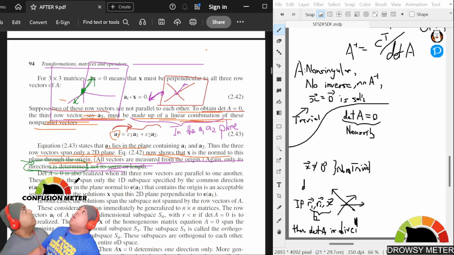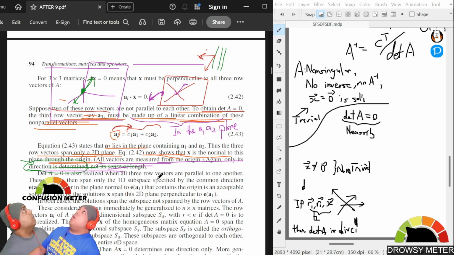Determinant A equals 0 is also realized when all three row vectors are parallel to one another. So if all three are parallel, X can be perpendicular like this, or perpendicular like this. So X has a whole plane to himself, basically.